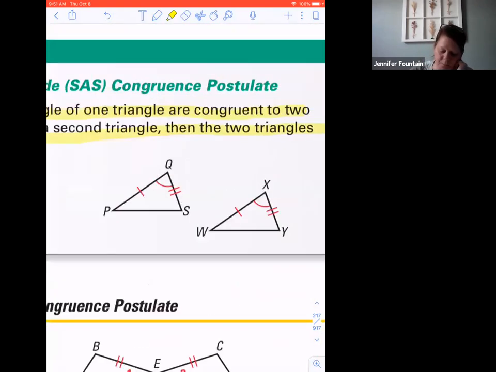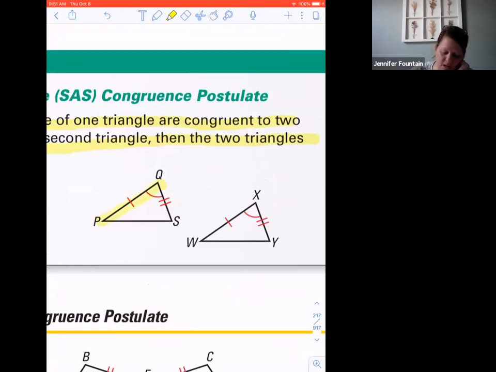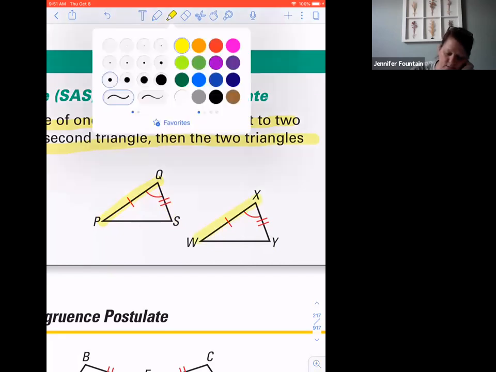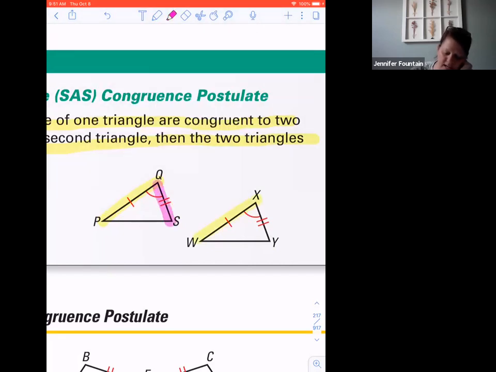So notice here, I'm talking about PQS, WXY. When I'm talking about my 2 sides, these 2 sides, these 2 sides, and the included angle.